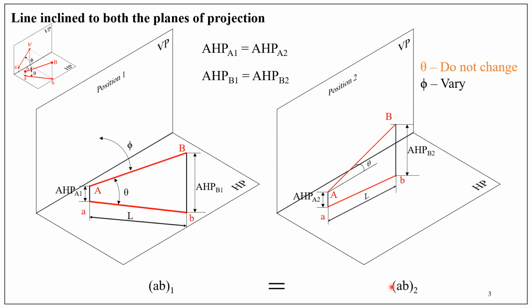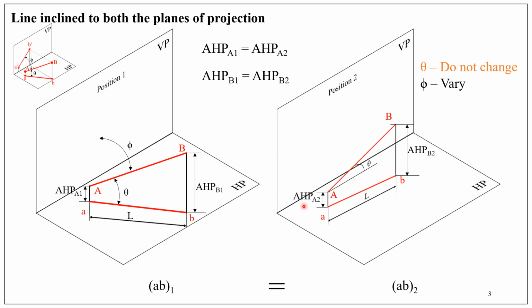And if you take a close look, in position 1 we have a trapezium A, A, B, B. So this trapezium is formed by the actual line and its corresponding top view and the projectors.